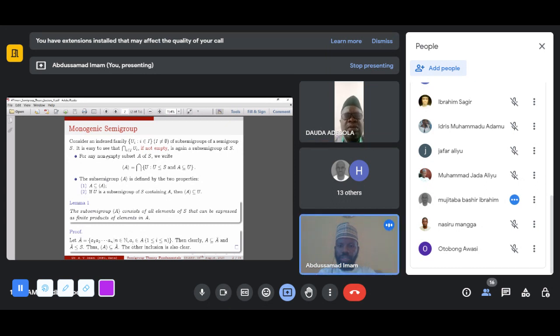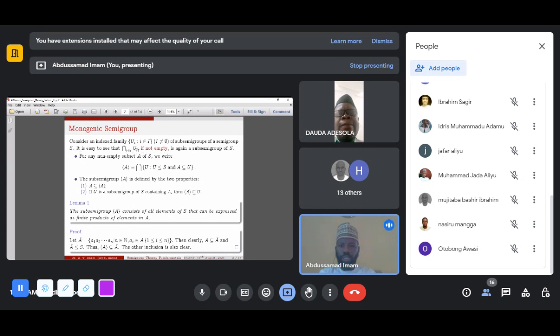I'm talking about considering an index family of sub-semigroups, the intersection of the family is always a sub-semigroup whenever it is not empty. I was trying to explain the fact that if you take an intersection of sub-semigroups, even if it is just two sub-semigroups in a semigroup, the intersection may be empty.